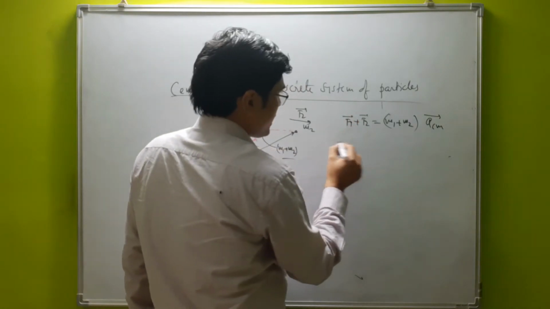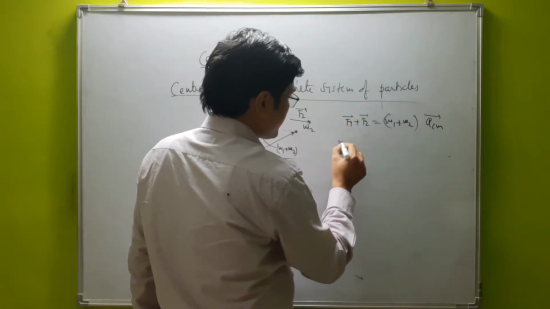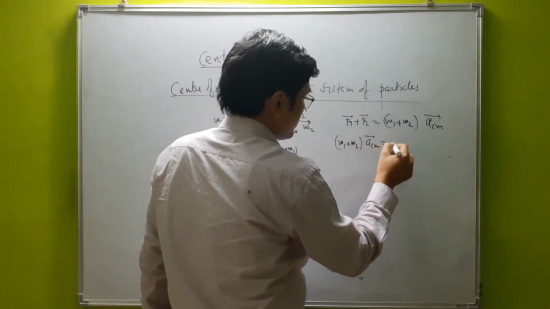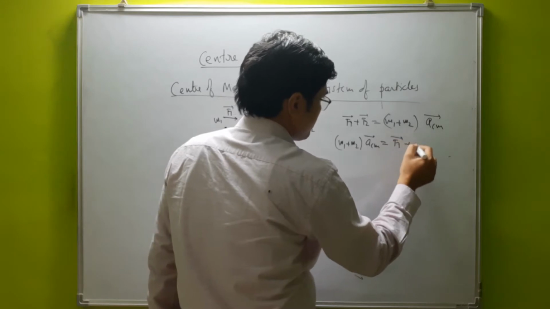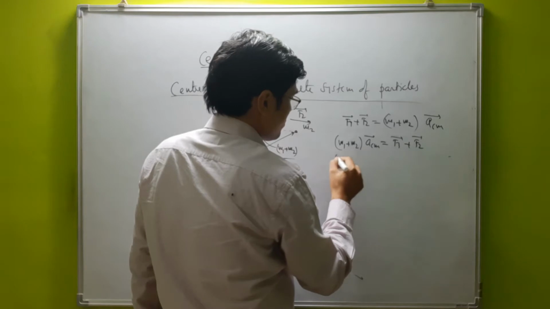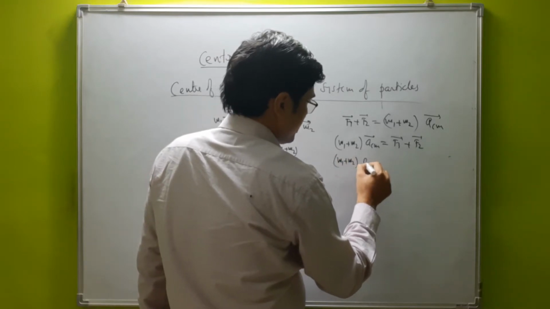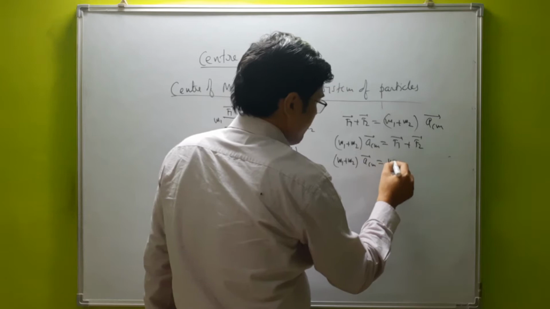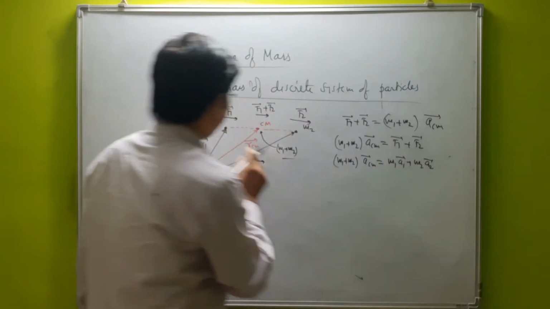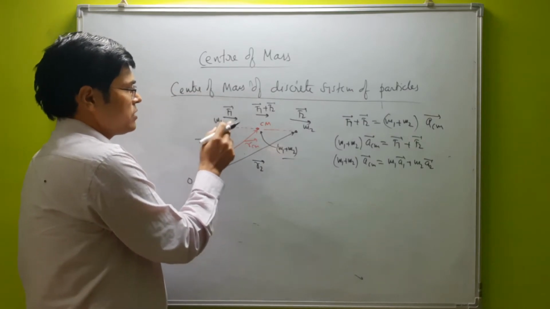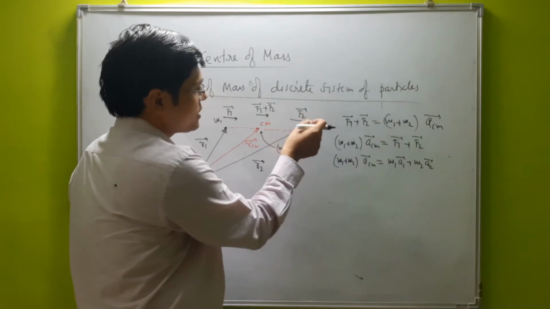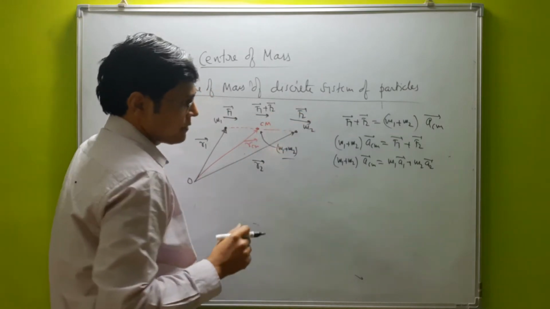Now F1 plus F2 can be written as m1 plus m2 into ACM, and this would be m1 a1 plus m2 a2, because individually we are applying a force F1 on m1, so there would be a certain acceleration a1 of m1, and as we are applying force F2 over here, there would be a certain acceleration a2 of mass m2, right?